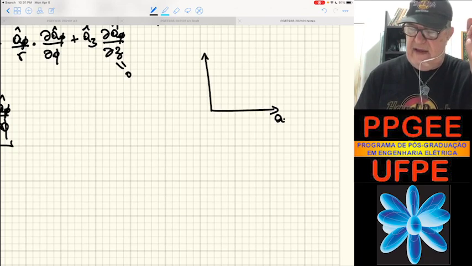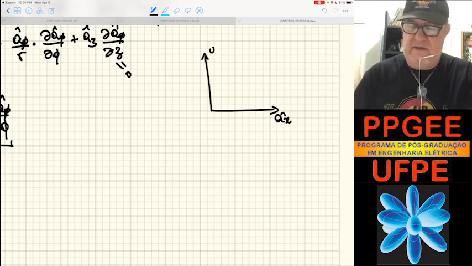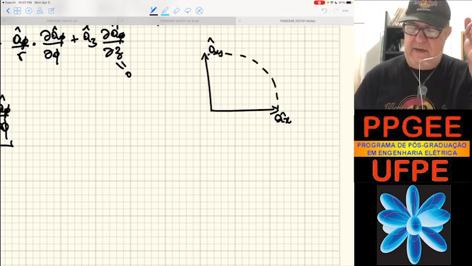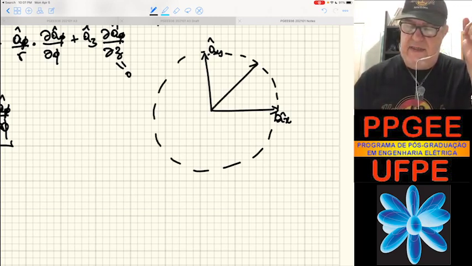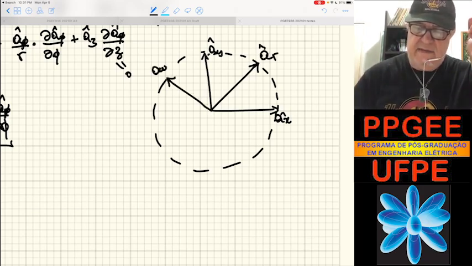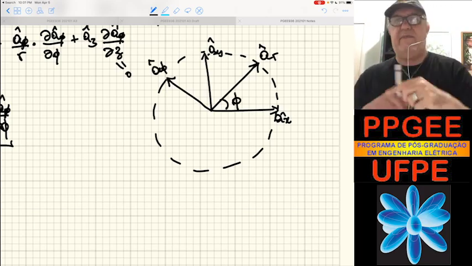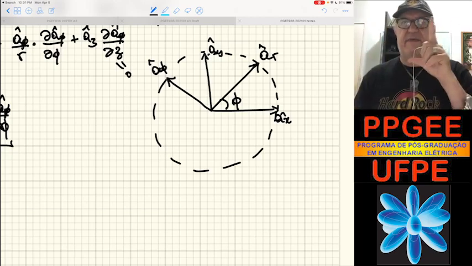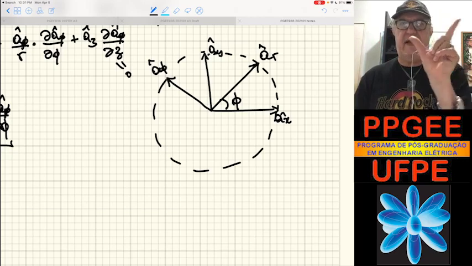You decompose the variable versor in a fixed basis, a base that doesn't depend on the coordinates, which is the Cartesian or rectangular system. Recall that a r and a phi are obtained by a rotation of phi radians relative to a x and a y.